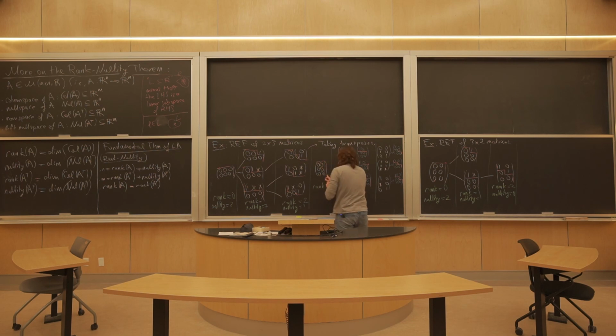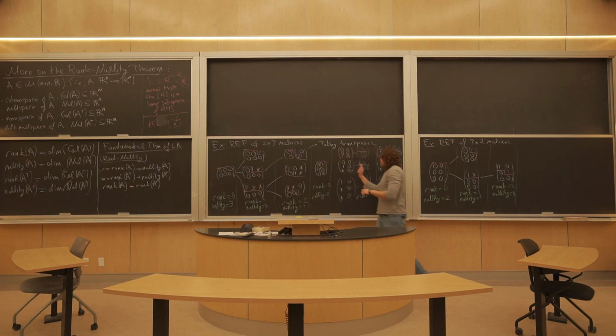So rank 0, rank 1, rank 2. How about the nullities? Now this time, you see, so this is 3, for instance, here. The nullity is not preserved because I have 2 non-pivot columns. So nullity is 2.